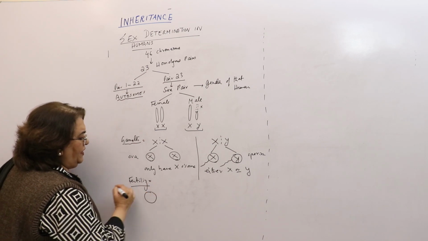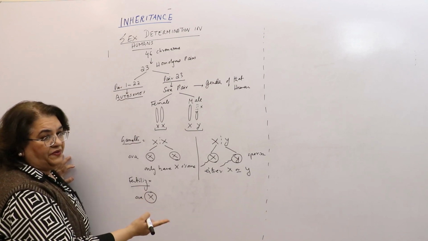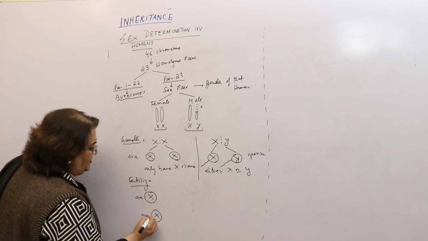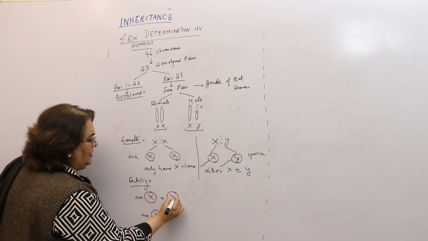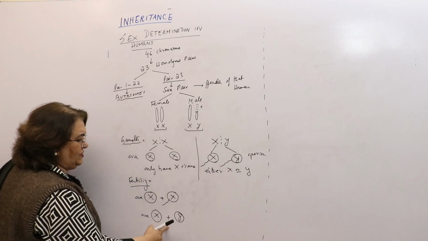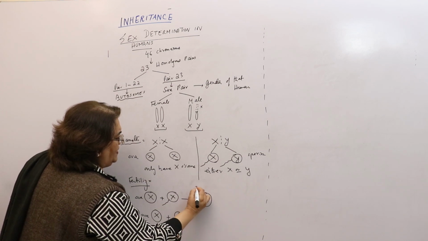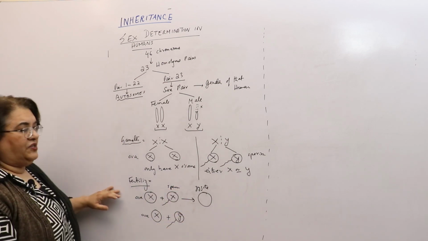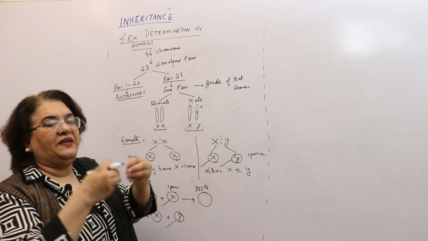The option from the female side will always be X, whereas the sperm can carry either X or Y. When these come together, the ova and the sperm fuse in the process of fertilization to form one single cell known as the zygote, as the nuclei fuse and the chromosomal material comes together.